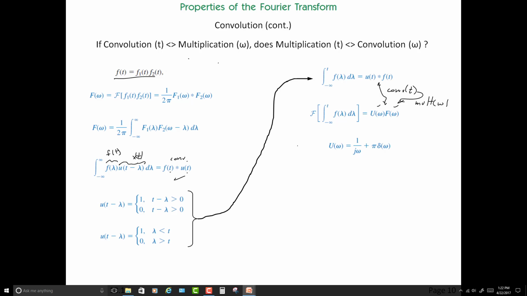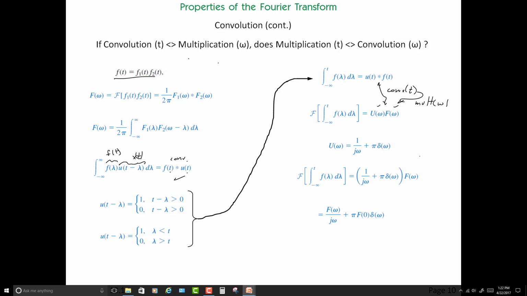We know the Fourier transform of the unit step. We can look it up, but also we just did it. And the Fourier transform of the product here on the left becomes the unit step times the Fourier transform of the function itself.